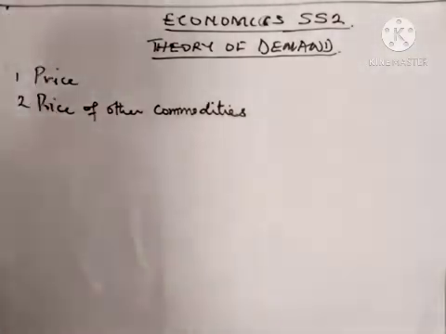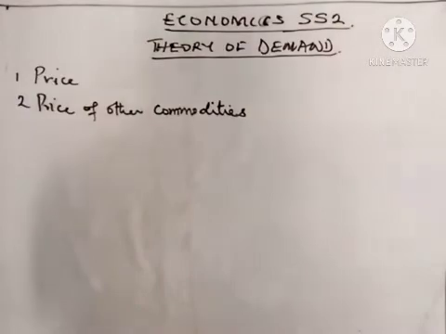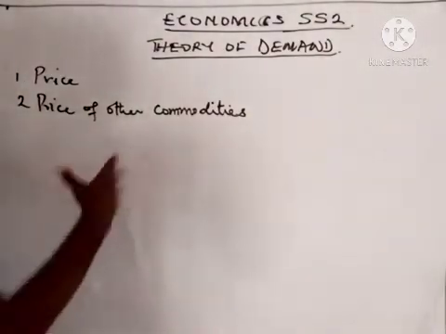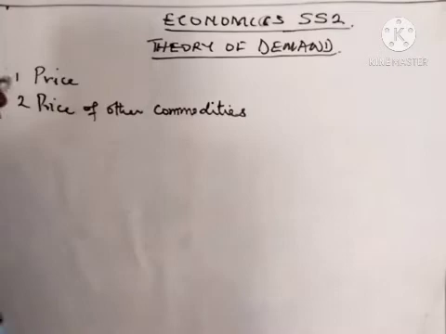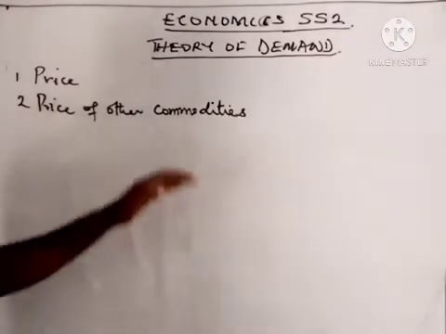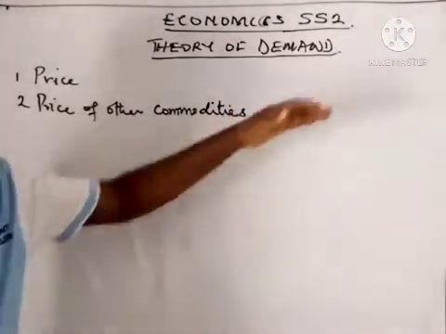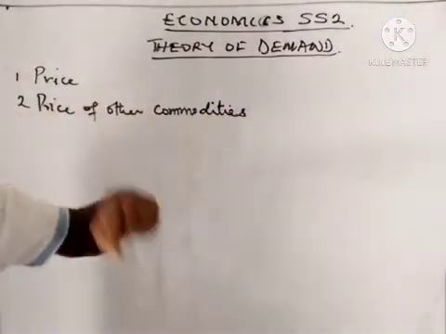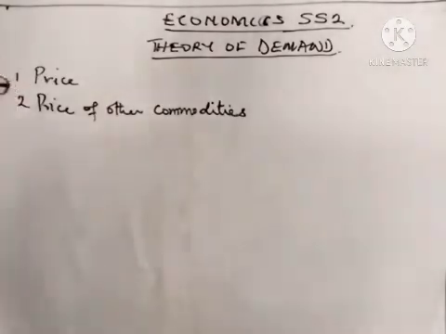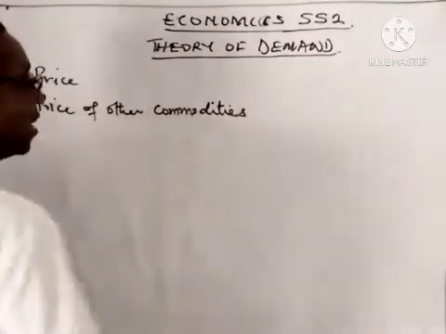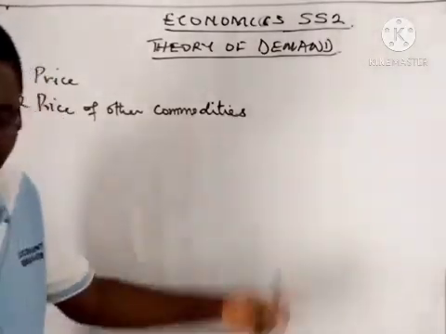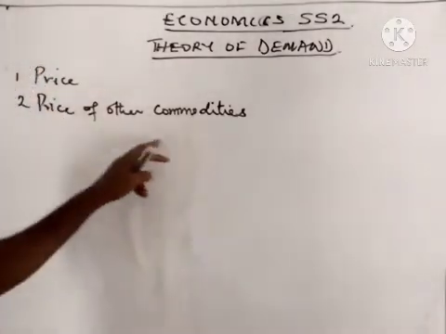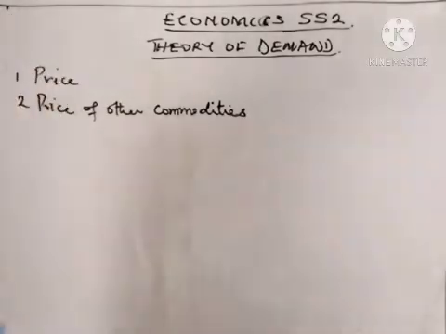If you are going to the market to buy Bonvita, and on getting to the market, you realize that the price of Bonvita has shot up, you can either decide to go for Ovaltine, or you can even change your taste entirely, and then you go for maybe Lipton or Nescafe or coffee or anything. But even if you still want to remain under the main tea, you can either go for Milo, or you go for Choco, or any other thing, which means the price of other commodities can equally affect your demand.